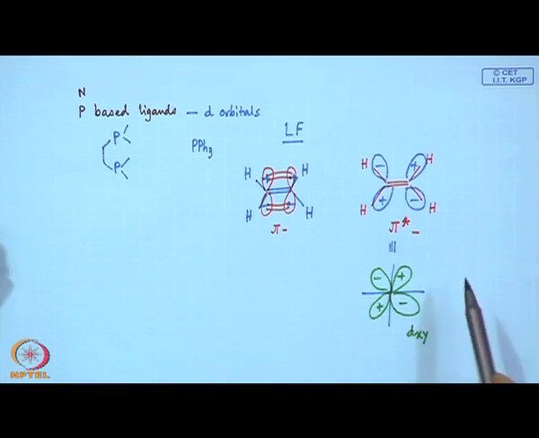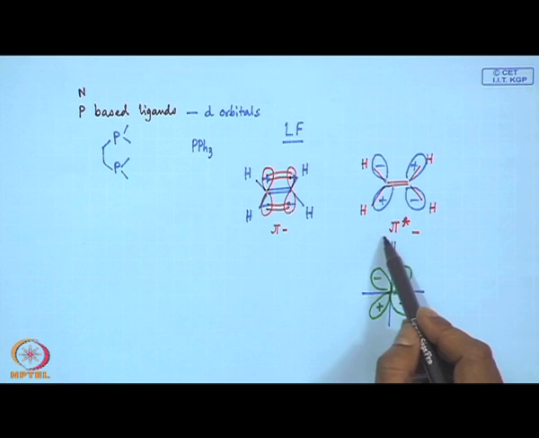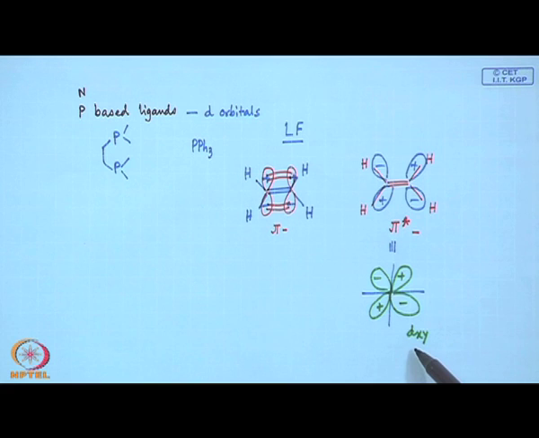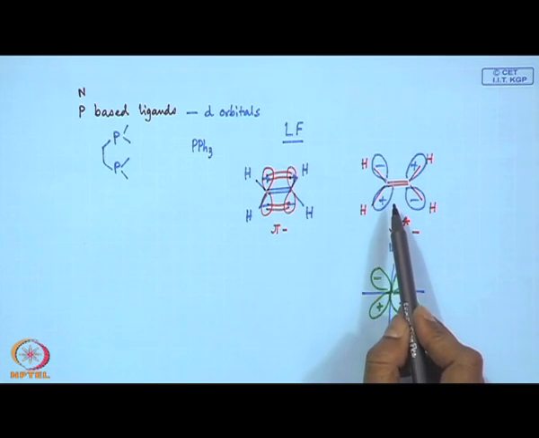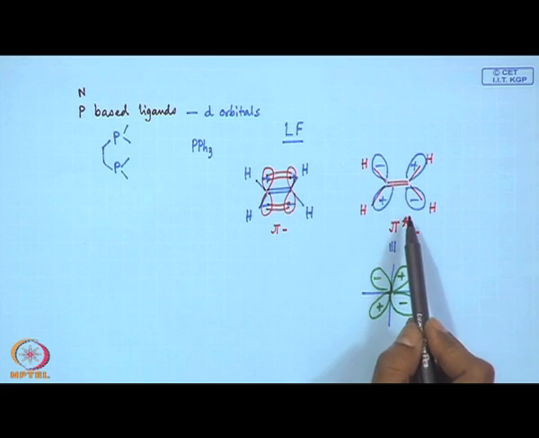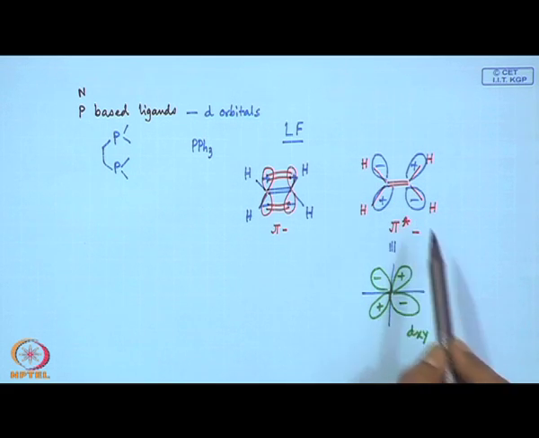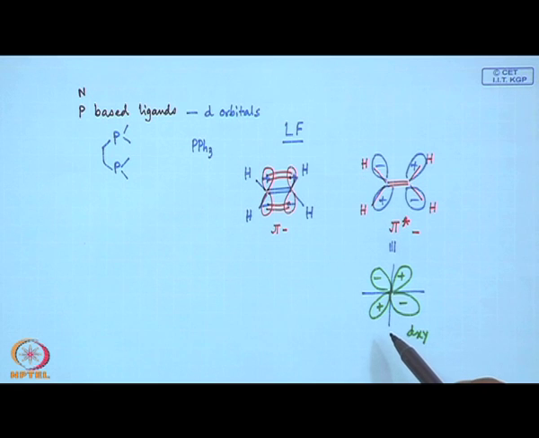So, it has a typical matching symmetry, that means the pi star orbital will have the matching symmetry with that of our dxy orbital. So either this pi star orbital or the d orbital can be utilized for these pi interactions with the metal orbital.